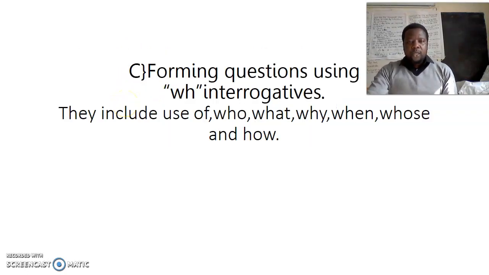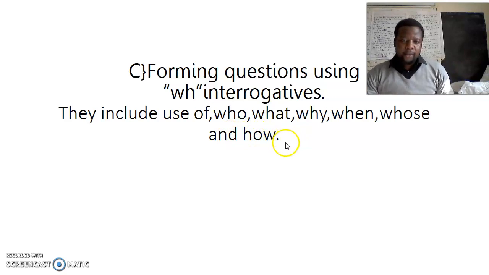Now, let's look at the third way of forming questions to statements. The third way of forming questions to statements involves using the WH interrogatives. The WH interrogatives in this case include the following. As you can see, as they are listed, we have who, what, why, when, whose, and lastly the how.